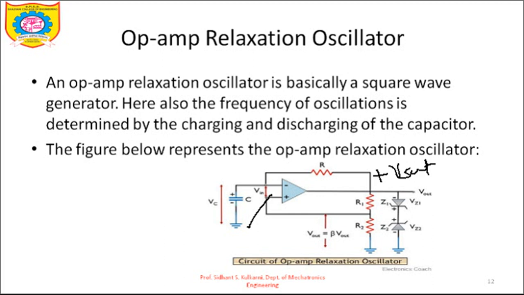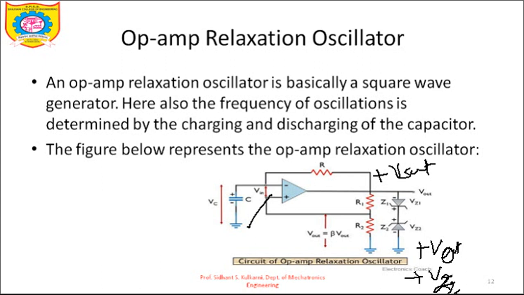Then Zener diode Z1 will be forward biased, so it will act as a normal diode, but Z2 is reverse biased. So Z2 acts as a voltage regulator, and the voltage across the Zener diode will act as the output voltage, with polarity plus to minus. So plus V output is equal to plus VZ2.